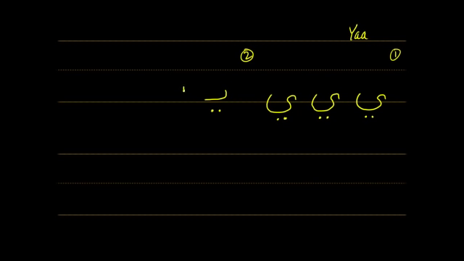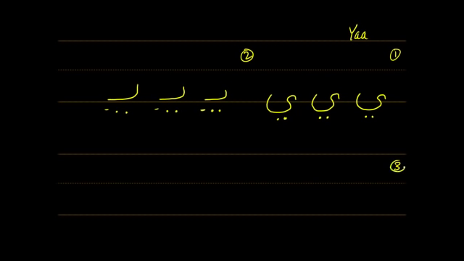Okay. 2 dots underneath. Let's do it one more time. 2 dots underneath. And again, it's going to connect to a letter here. Connect here, and it will connect here to another letter.